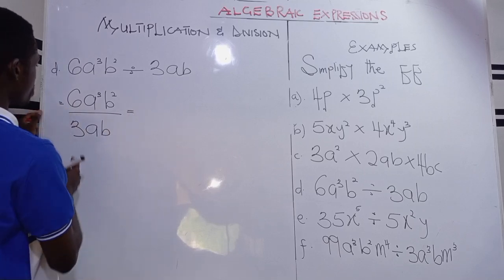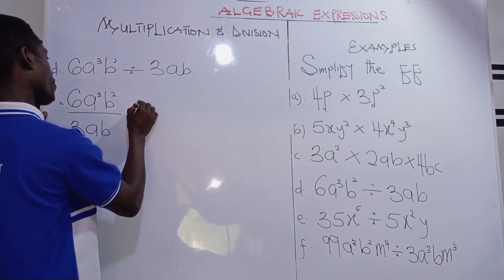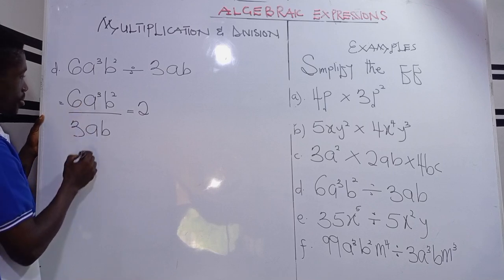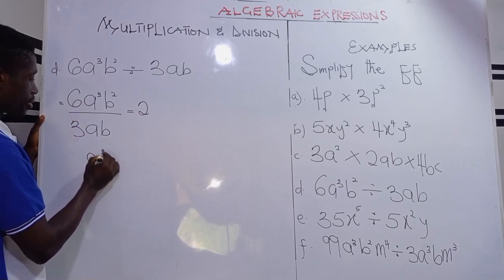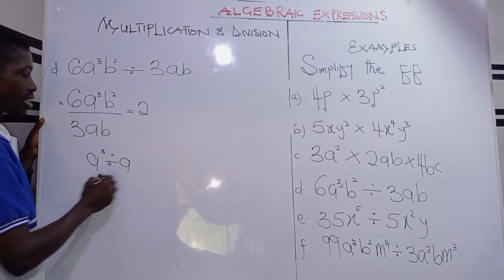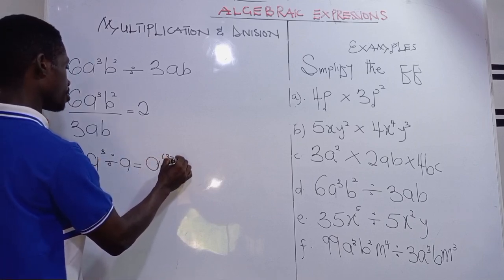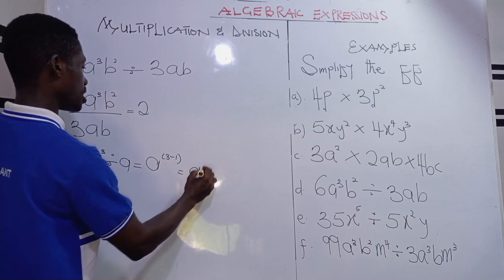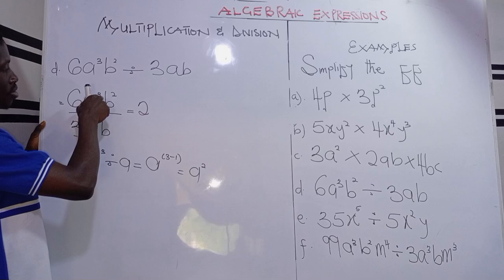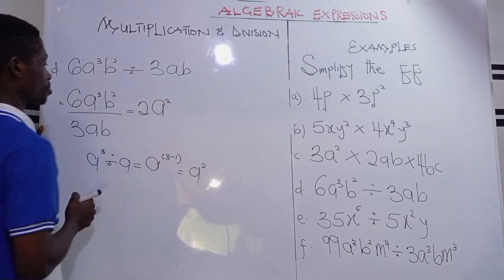So we are going to divide numbers. 6 divided by 3 will give us 2. Good. And since the bases are the same, we have a power 3 divided by a. Since the bases are the same and they are divided, what do we do? We pick one of the bases, we subtract their exponents. So we subtract 1 from 3, and we get a to the power of 2.